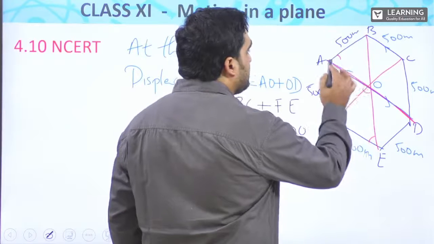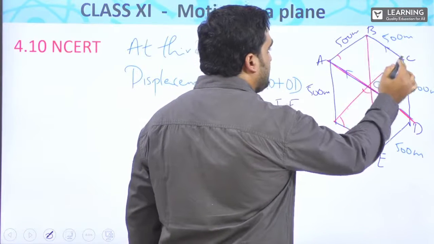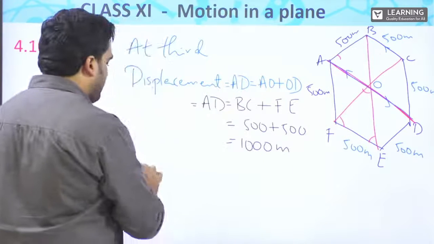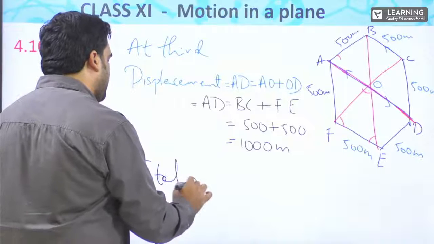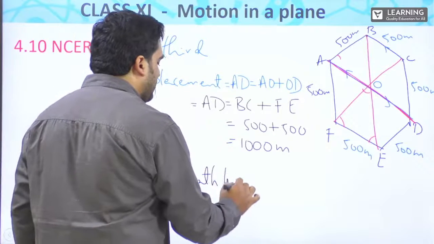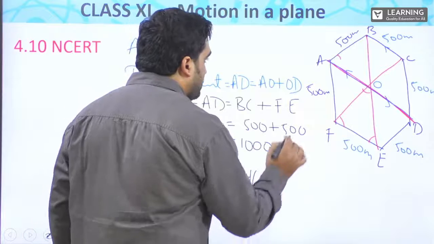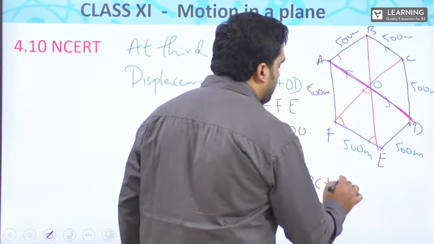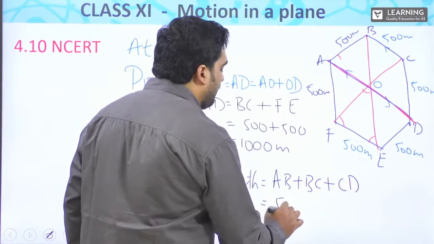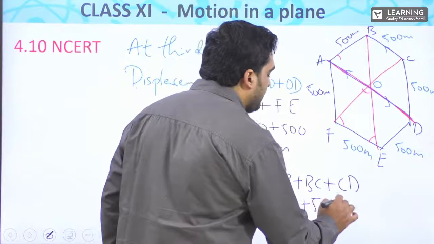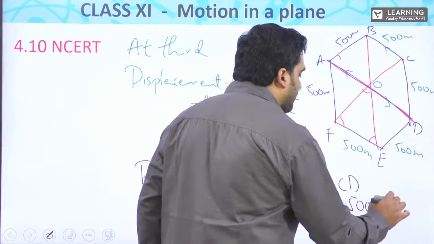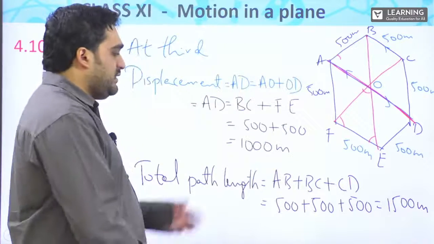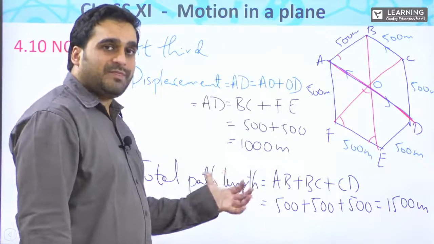A to D distance is A to B, B to C, and C to D. So total path length is equal to AB plus BC plus CD, 500 plus 500 plus 500, which is 1500 meters. See, distance and displacement are not the same.